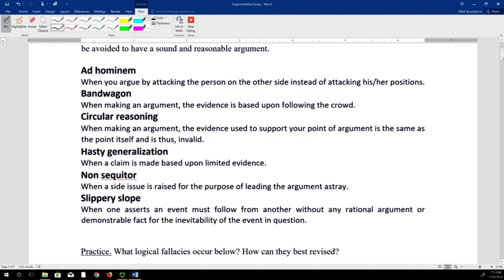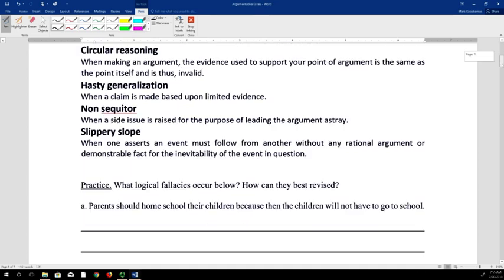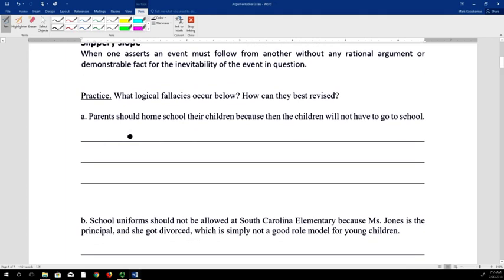So, after you've read through the different logical fallacies there, go ahead and, in the next part, the practice part, go in and identify the different logical fallacies that are present with each statement, as well see if you can come up with the revision, and then we'll see how you did.